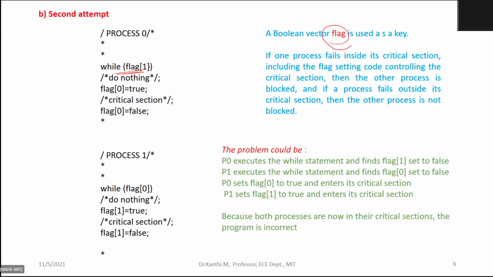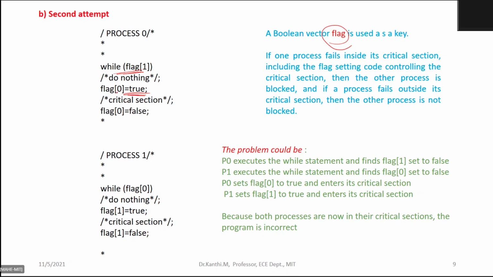So if it is 1, then you cannot do anything. For each process there is a flag: flag 0 for process 0, flag 1 for process 1. So if flag 1 is true, then you cannot enter, which means the other process is in the critical section. It is vice versa for both.